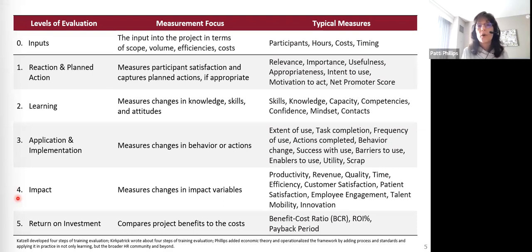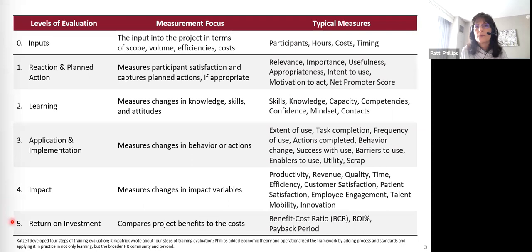So at level 4, we're not only evaluating to see if those key performance measures improved, but we're also assessing to see if in fact it was the program that led to that improvement. That's why we call it impact. How much of that improvement, given the improvement, how much is due to the program and not something else? And this is, again, where many of you are already working at that impact level. Then when we get to ROI, all we do here is convert the improvement in those impact measures to money and compare it to the cost.